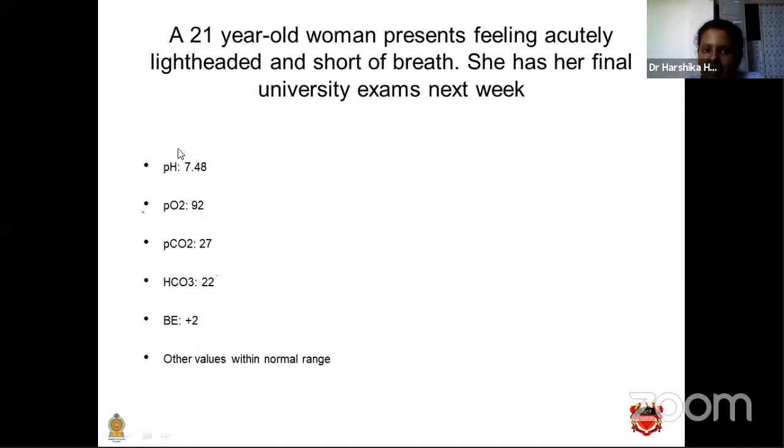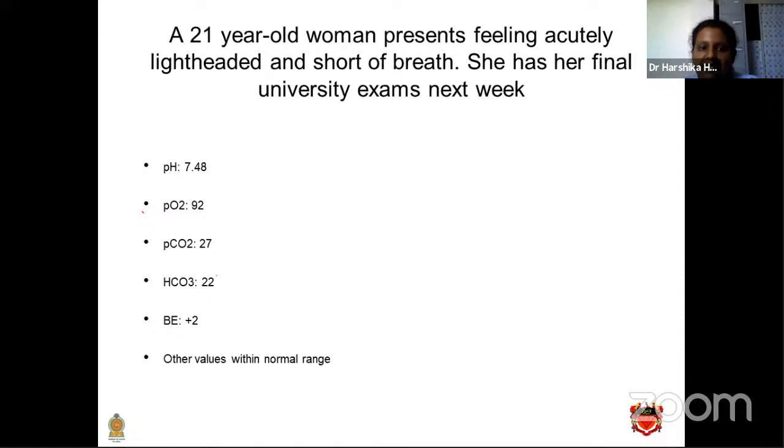If it is an alkalosis in a simple acid-base disorder, either your bicarbonate should be high or your CO2 should be lower than the normal range. I told you the normal CO2 tension is between 35 to 45. So you can gather that CO2 is lower than the normal range and your bicarbonate is within the normal range, which was 22 to 26.